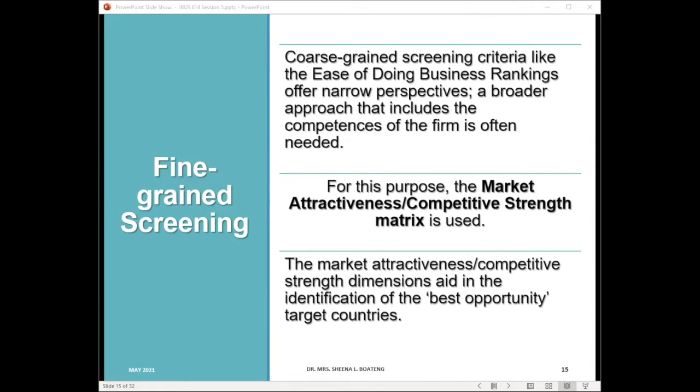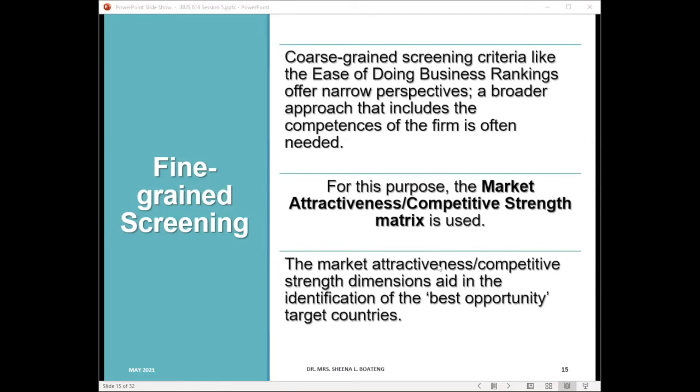All right, so that is it for the coarse-grained screening. The coarse-grained screening is just a general level screening.